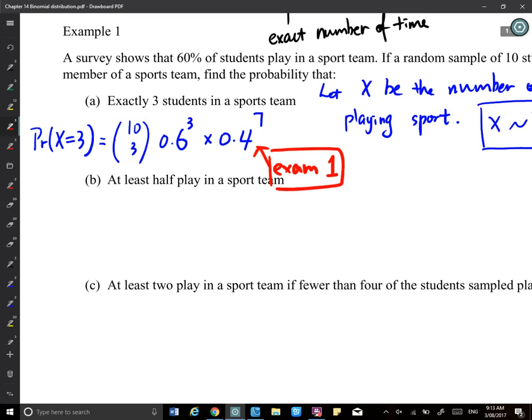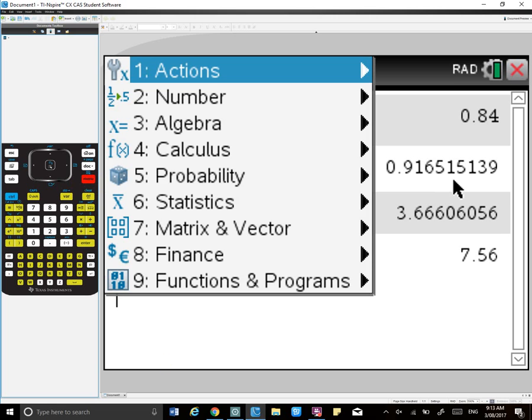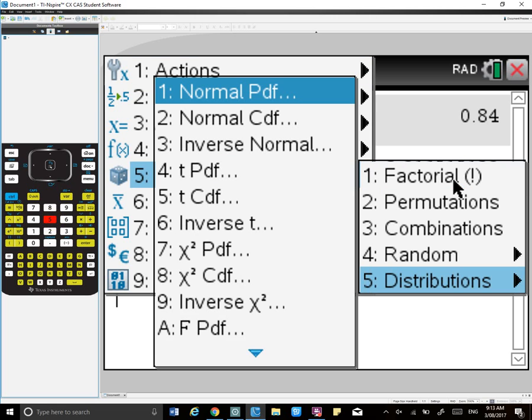How can I evaluate this by CAS? This is quite important because in Exam 2 you definitely have this type of question and you need to use the calculator to solve it. So you will go Menu, number 5 Probability, and number 5 Distribution. In the distribution menu there are a lot of distributions. We will learn the first 3 later, I think in Chapter 15.